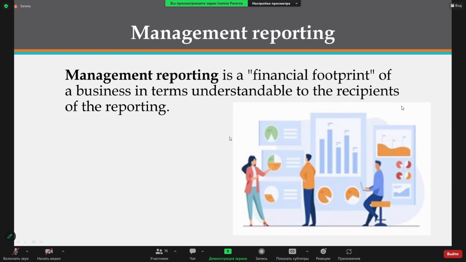It's like a calculation for our future, or this information could be actual, what we really have now. That's why in such a situation we will use our reports in different ways and with different goals.